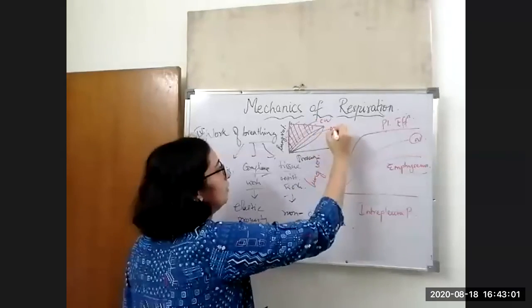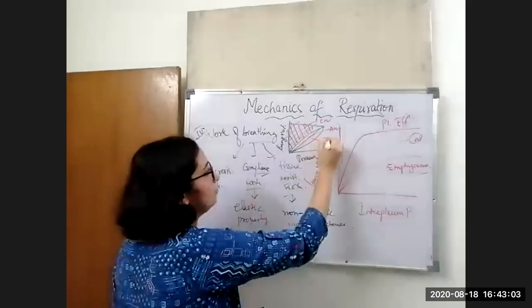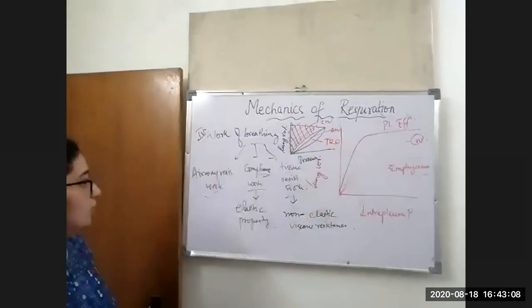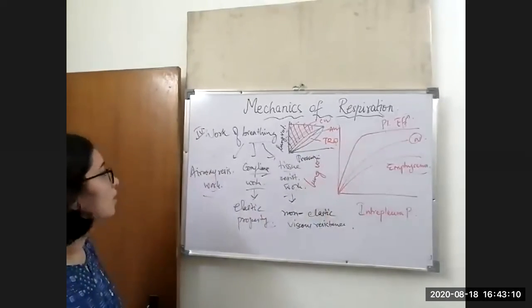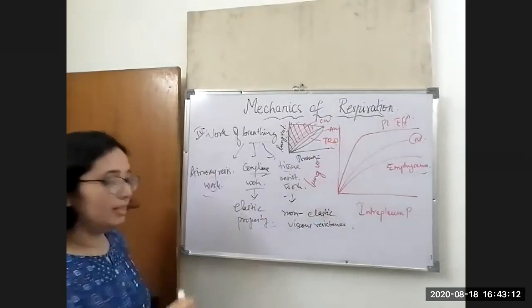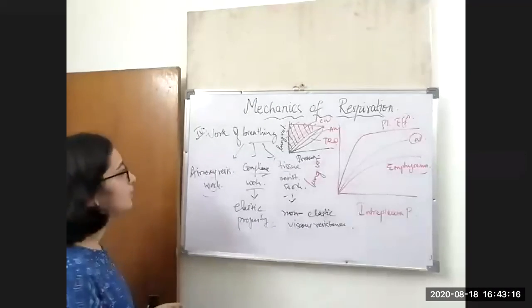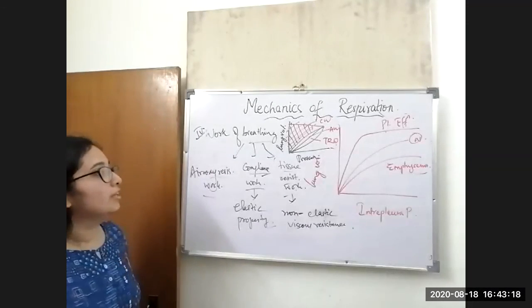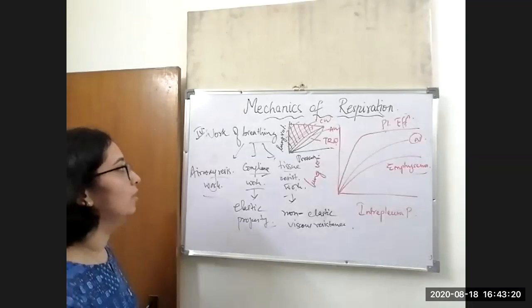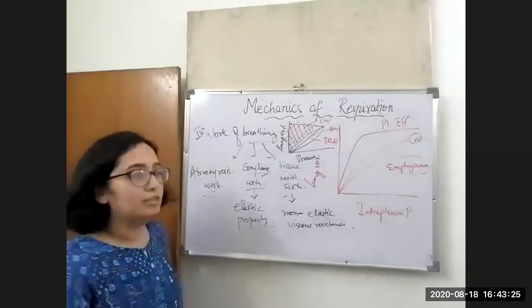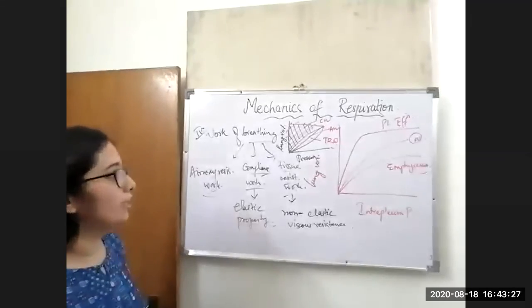This one will be your airway resistance work, and this one will be your tissue resistance work. Okay, so the work of breathing, what is that? The work done by the respiratory muscles against the resistance of the lung and thorax. What are they? Airway resistance work, compliance work, and tissue resistance work. So this is the end of discussion here.